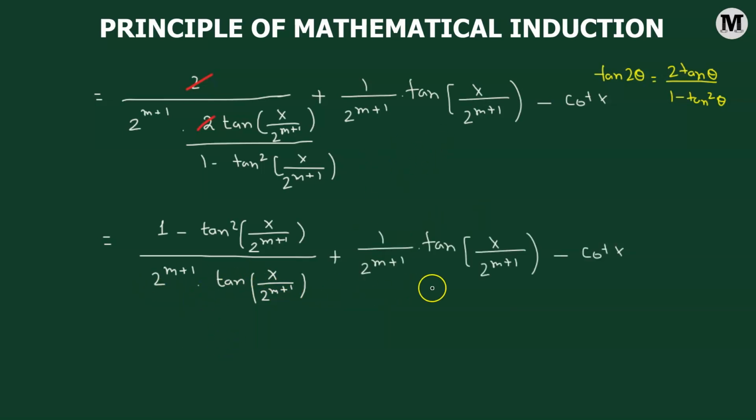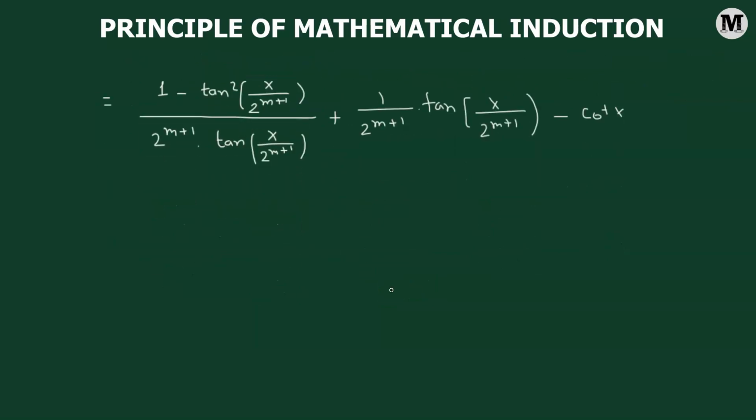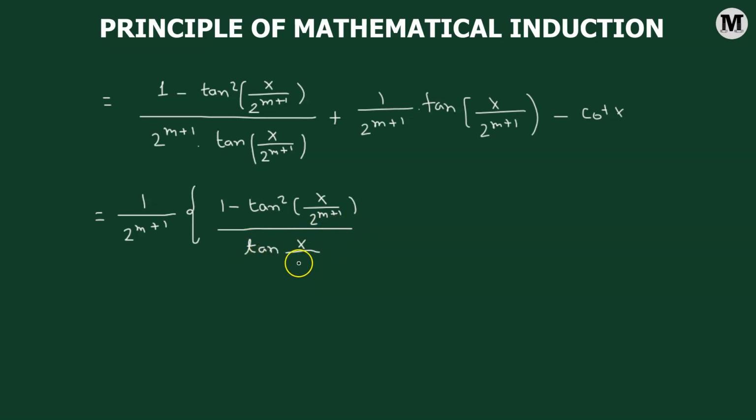So now what we'll do, we're going to combine the first and the second term. Now from each of the two terms, what we can do is we can take 1 over 2 raised to the power of m plus 1 as the common factor, such that for the first term we have 1 minus tangent squared of x divided by 2 raised to the power of m plus 1, whole divided by tangent of the angle x divided by 2 raised to the power of m plus 1, added to tangent of x over 2 raised to the power of m plus 1.